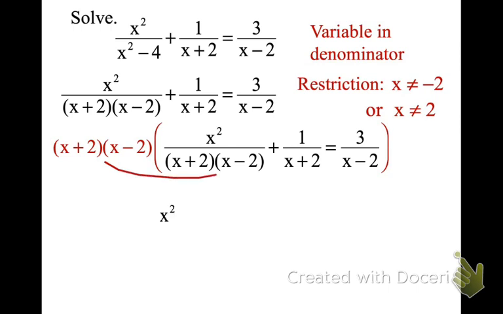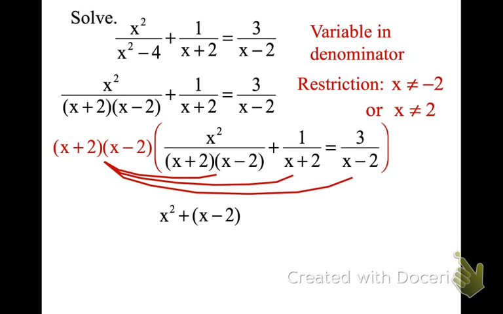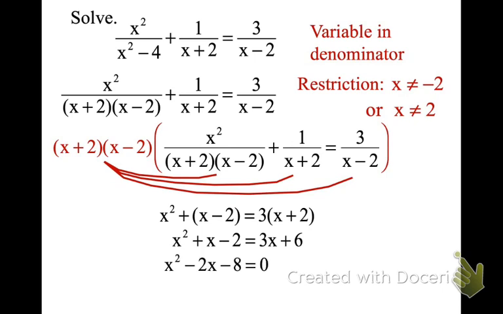When I distribute for the second fraction, I'm left with plus x minus 2 because these cancel out. When I distribute for the third fraction, I'm left with a 3 times x plus 2 because the x minus 2's cancel out. I'm going to distribute on the right and then set everything equal to 0.